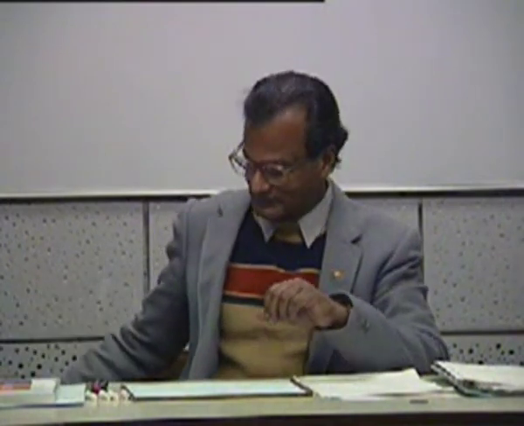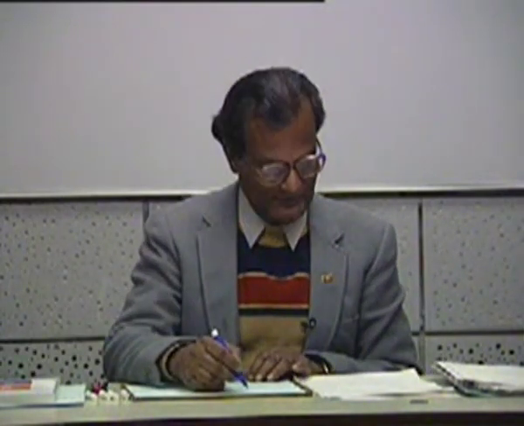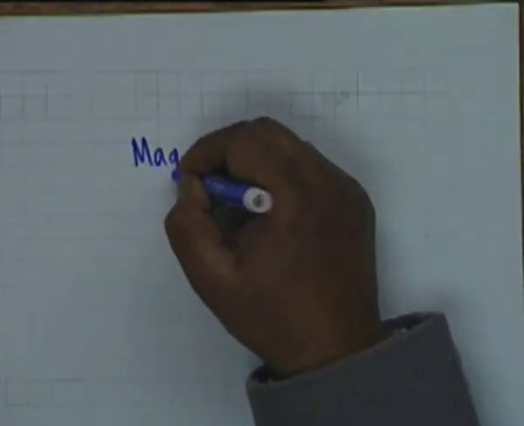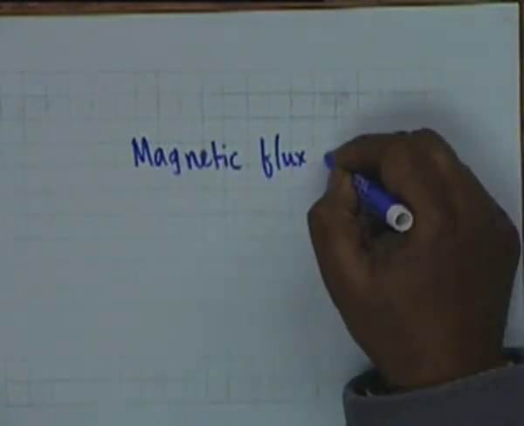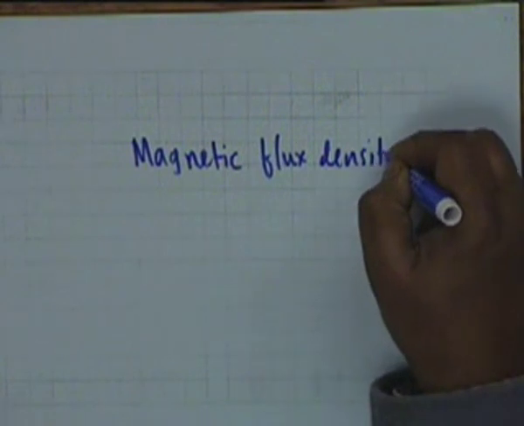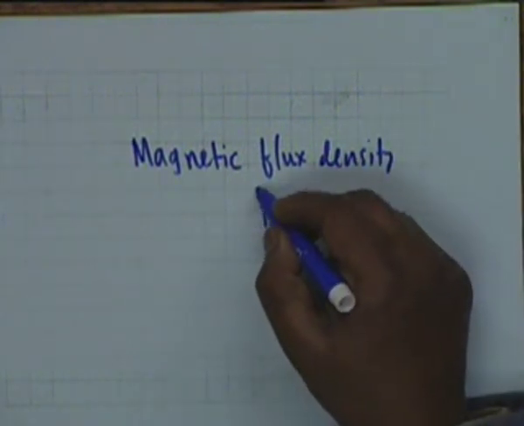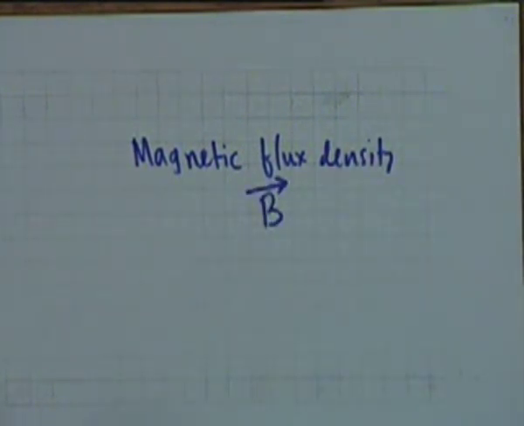And if there is a magnetic field, then we define a quantity called magnetic flux density, and this we shall denote by B. B is also a vector, and the definition of magnetic flux density, or the unit of magnetic flux density, well, we shall not have much to do with magnetic flux density in the course on electronics.